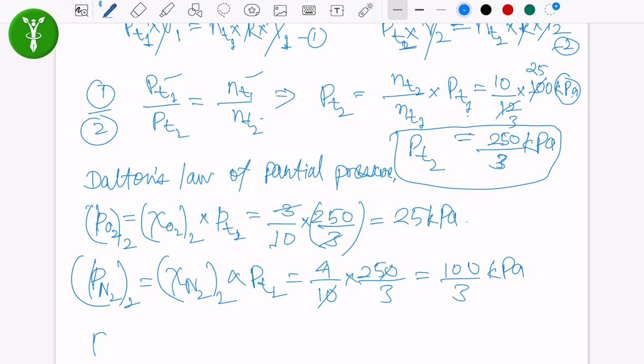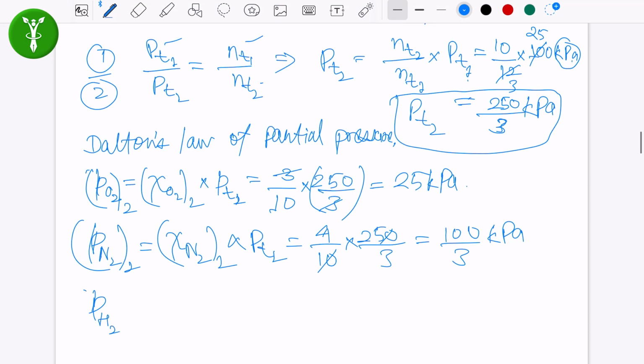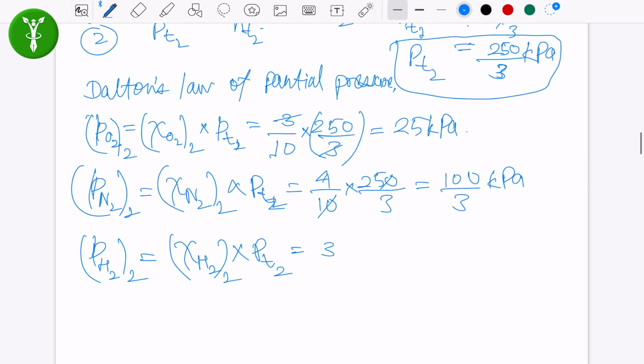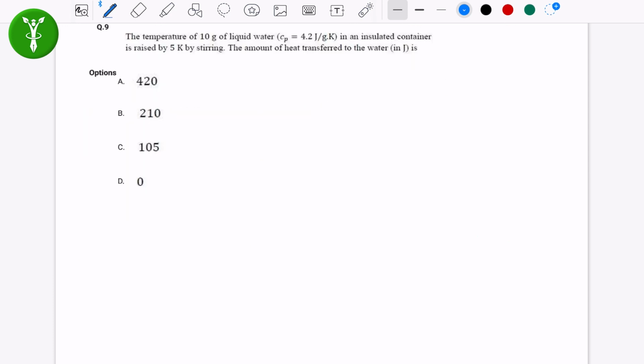And for hydrogen, it will be the mole fraction of hydrogen at state 2 times PT2. How many moles of hydrogen? 3. 3 by 10 times 250 by 3. So again 25 kilopascal. So for oxygen it is 25 kilopascal. This is the answer. So this is our question 9.